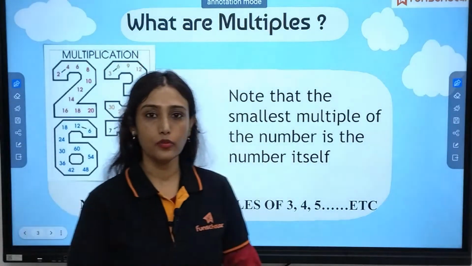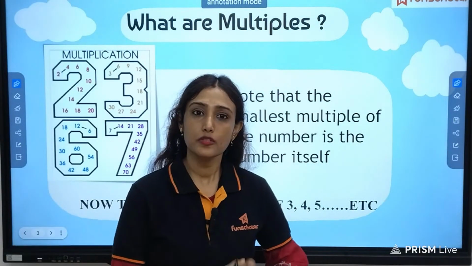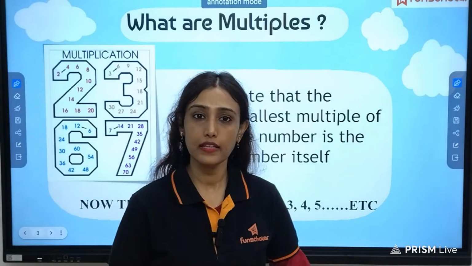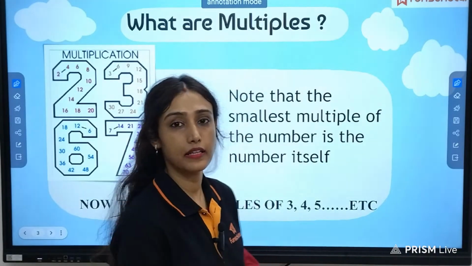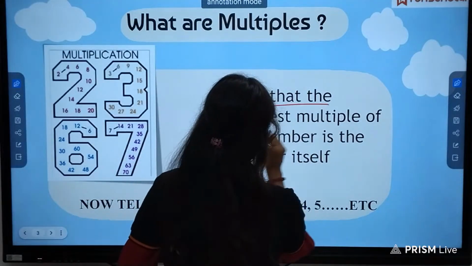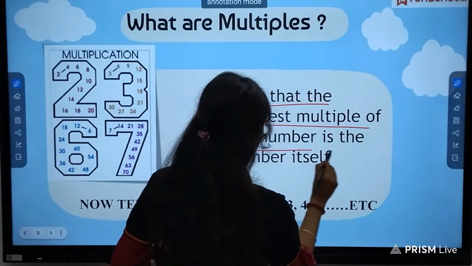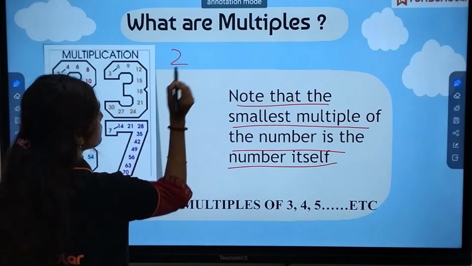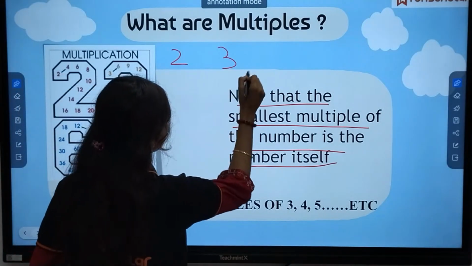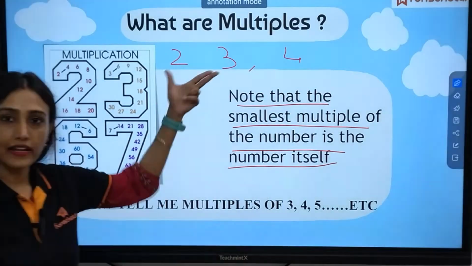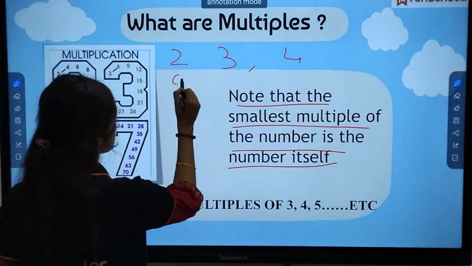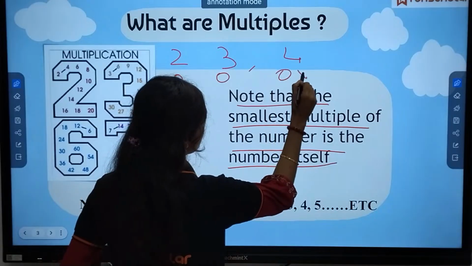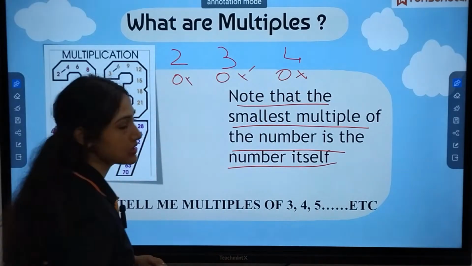Now if I tell you, what is the smallest multiple of any number? The smallest multiple of any number will always be the number itself. Like in case of multiples of 2, 3, 4, from where did we start? Did we start from 0? No, we don't use 0.